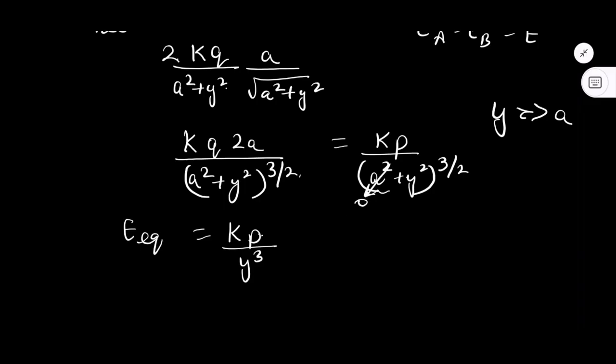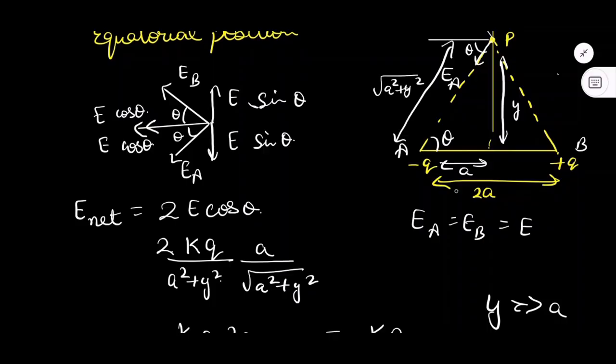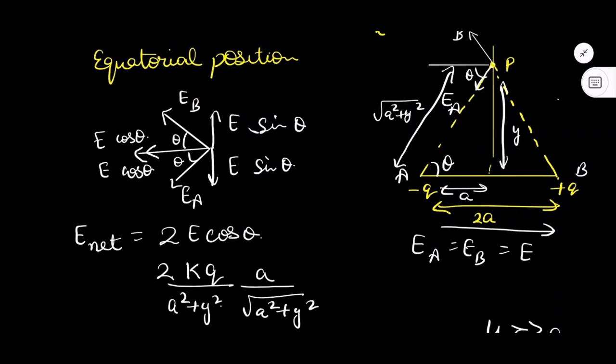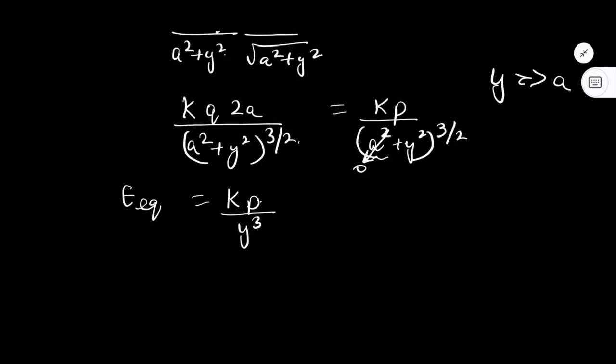Now we can see from here that our dipole direction is from negative to positive, but we are getting the equatorial field in the opposite direction, as we have calculated here. So this is the direction of the net electric field, and it will be opposite to the dipole moment.